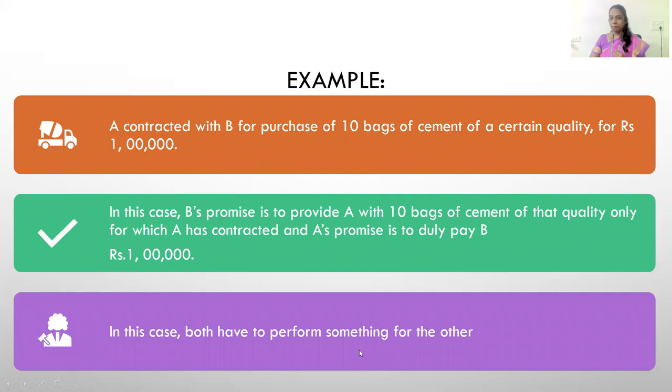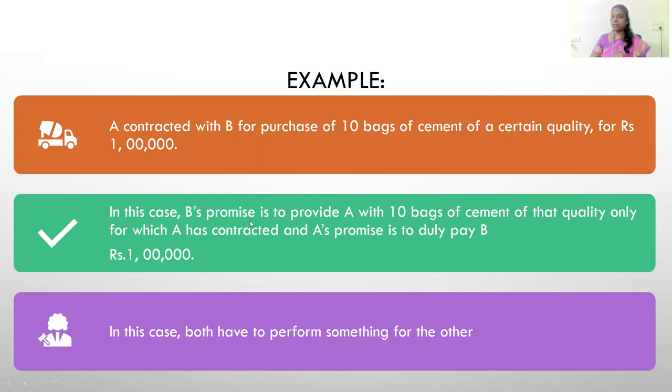So here is an example for agreement. If A has contracted with B for purchase of 10 bags of cement of a certain quality for rupees 1 lakh, in this particular case, one party is selling the cement and the other party is buying the cement.